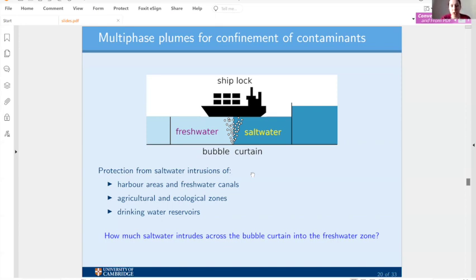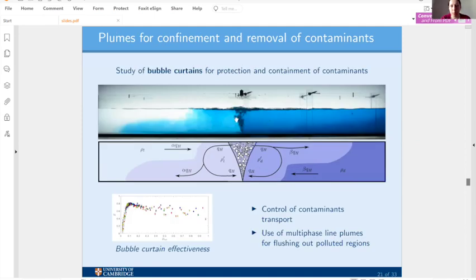finished and published. So in this study, we basically conducted a very simple set of experiments. We filled one side of the tank with salt water and the other side of the tank with fresh water. And then we released the bubbles at the bottom of this tank and looked at how this bubble curtain impacts the infiltration flux of salt water into the freshwater side of the tank.